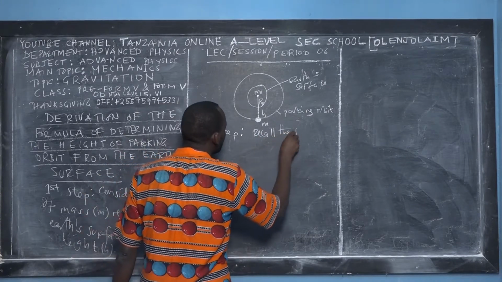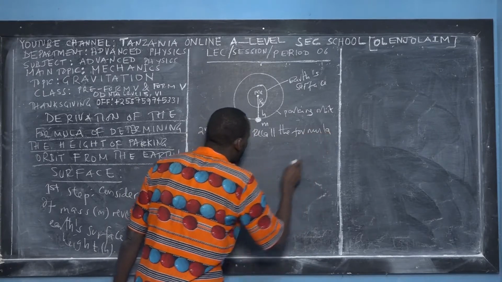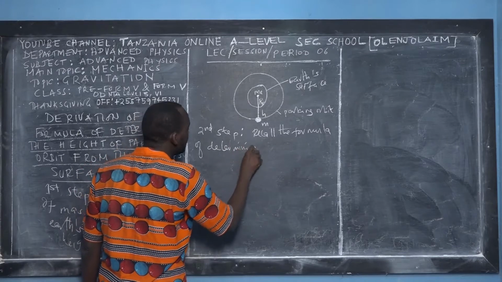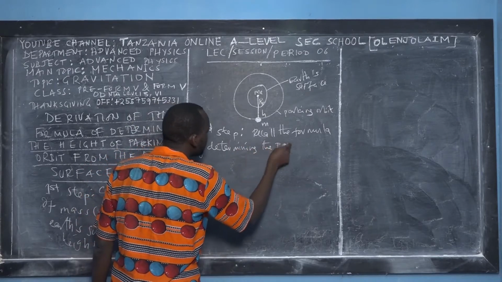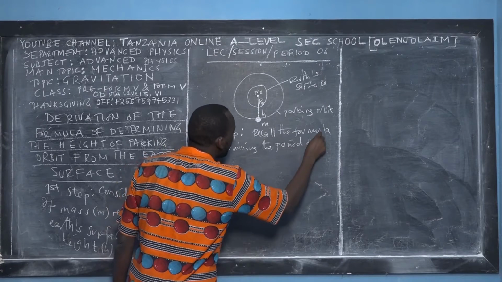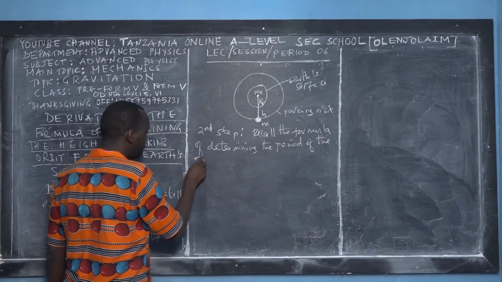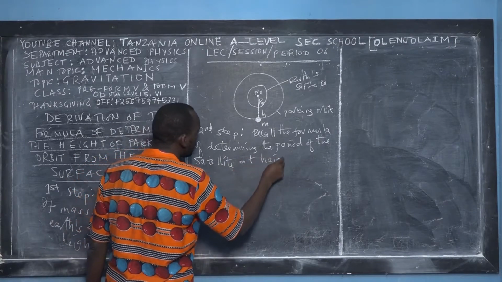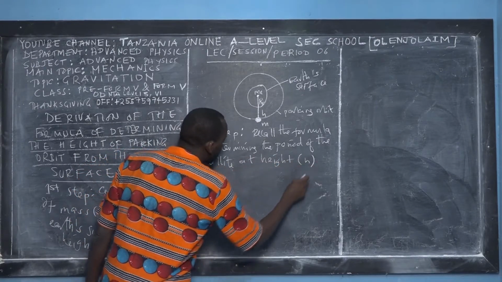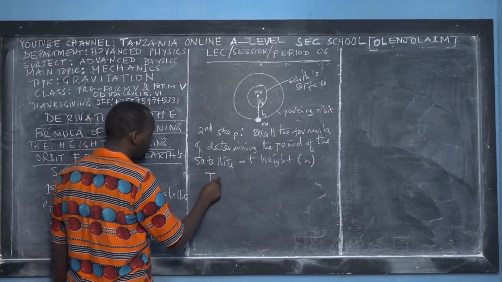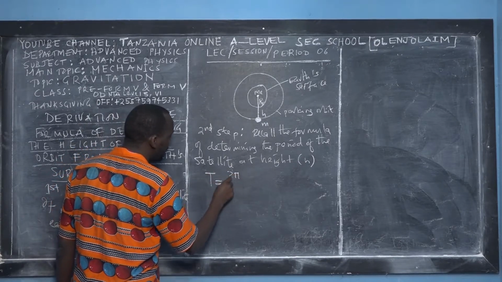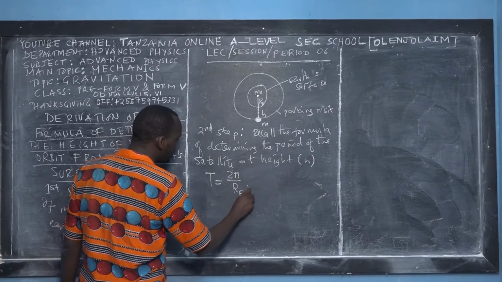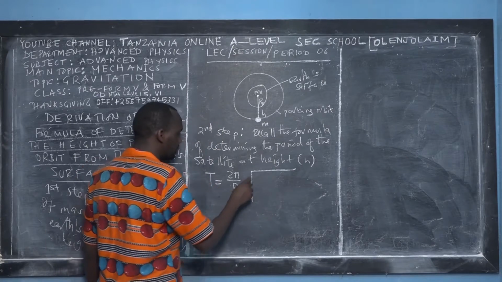Recall the formula for determining the period of the satellite at height h. I told you that the period will be equal to 2 pi, then you have the radius of the Earth, then we have the square root of what?